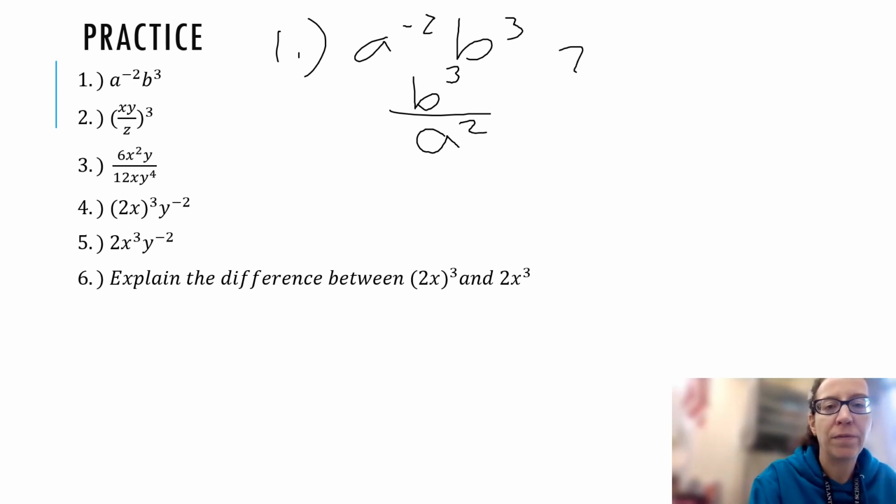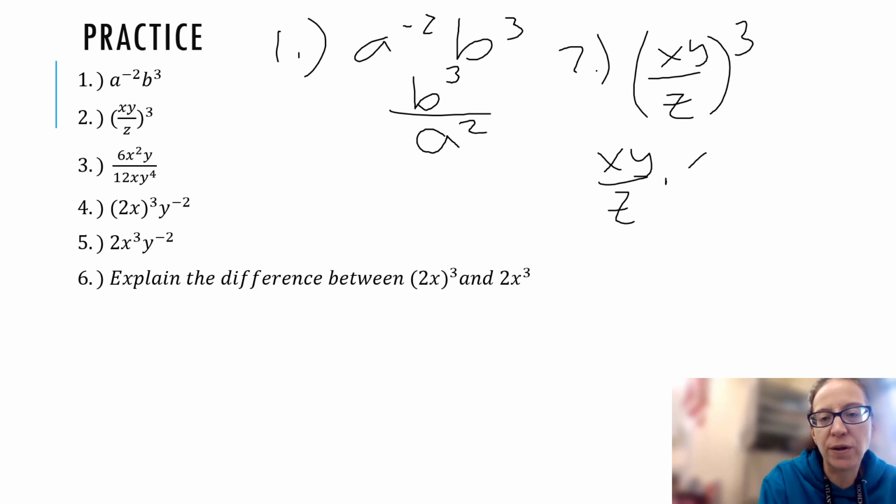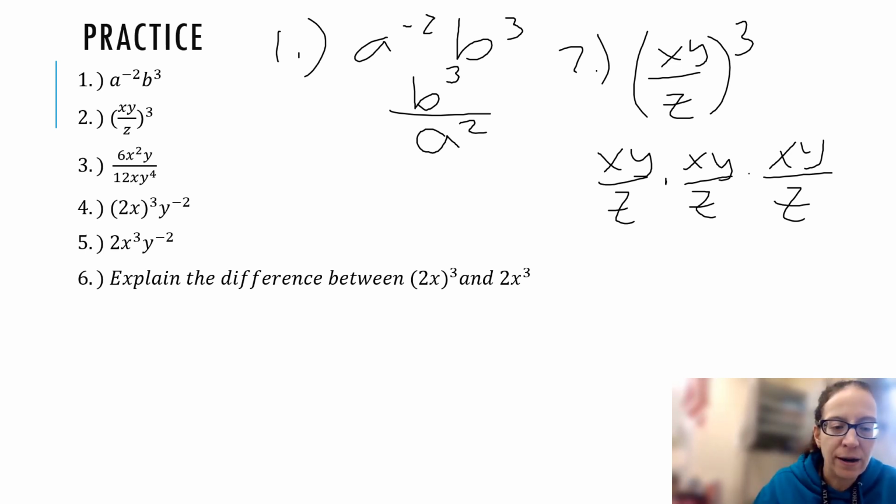Second one, we have xy over z, all to the third. There are different ways you can do this. I'm going to just do it this way because I think this is the way that's going to help most of the people. To raise something to the third power means you multiply it in 3 times. In my numerator, I now have x times x times x, which is going to give me x to the third.